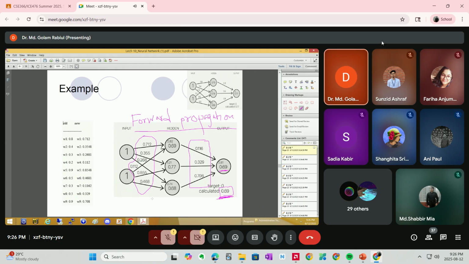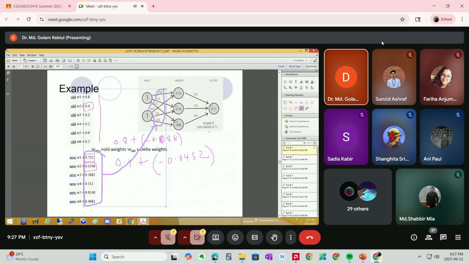So considering this, what will be the error? The target is 0, and the predicted value is 0.69. That means the error is now negative 0.69. This is the error in our second iteration. Previously, what was the error?